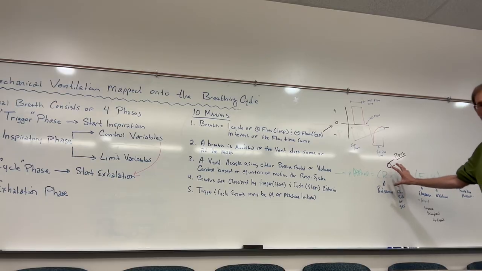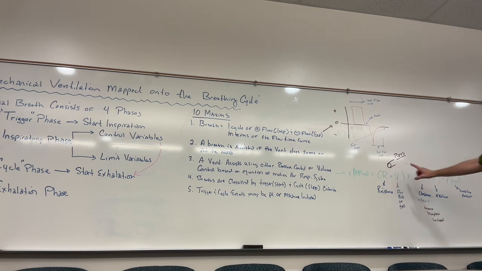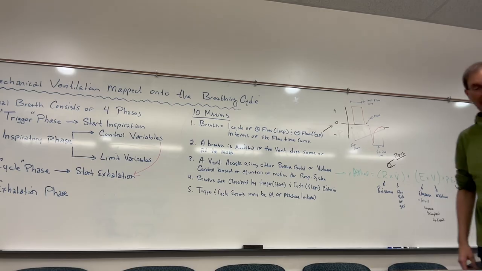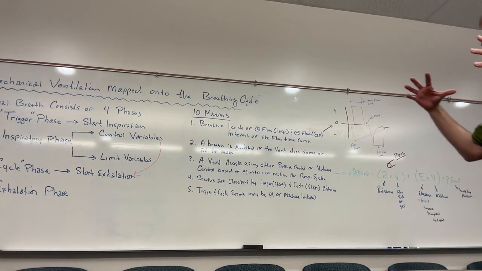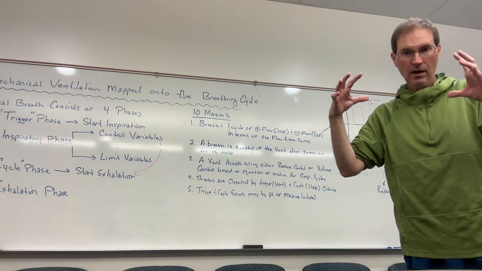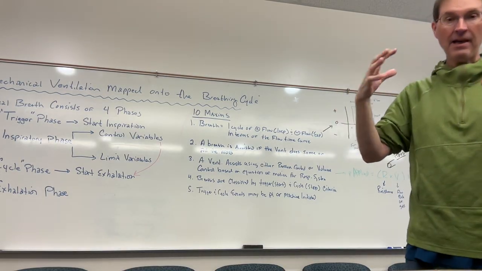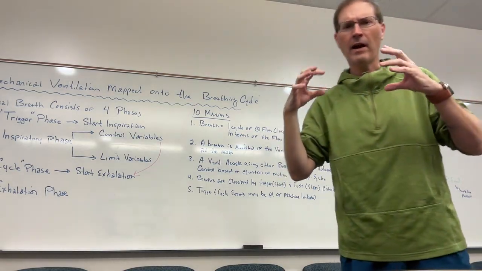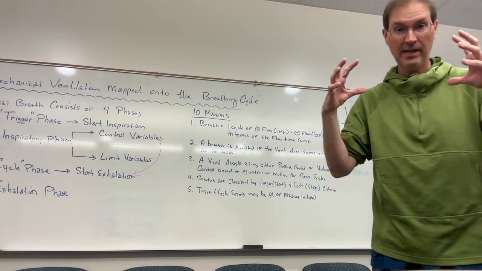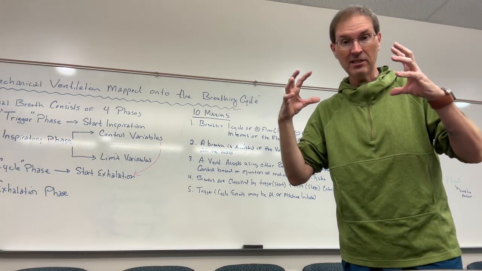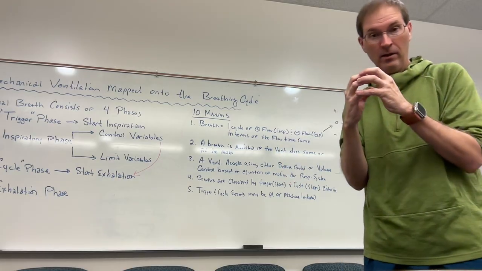Essentially, this part of the equation is airway resistance, overcoming the resistance, plus the elastance of the lungs, right? And elastance is essentially the lungs' desire, and when I say desire, I don't mean that in any sort of conscious or anthropomorphic sense. I'm just saying that the lungs have a propensity to recoil, right?